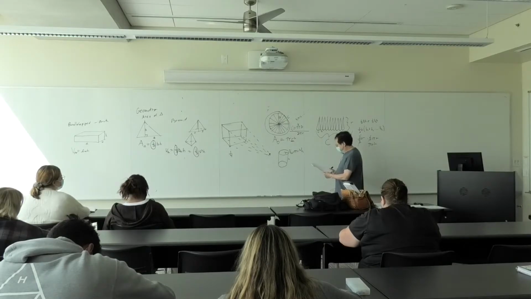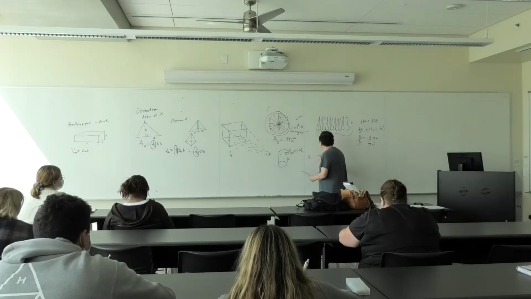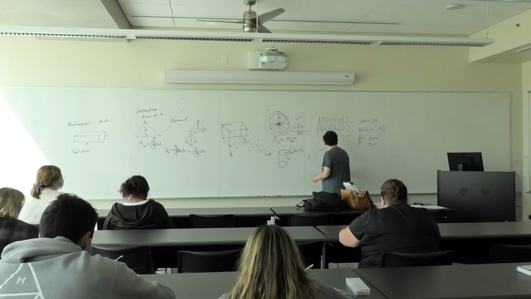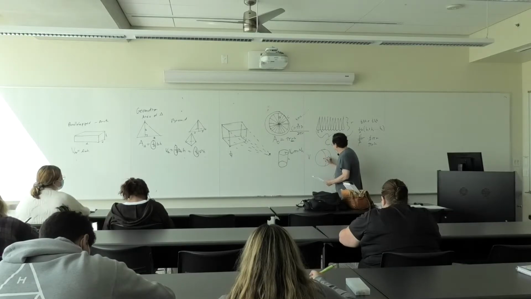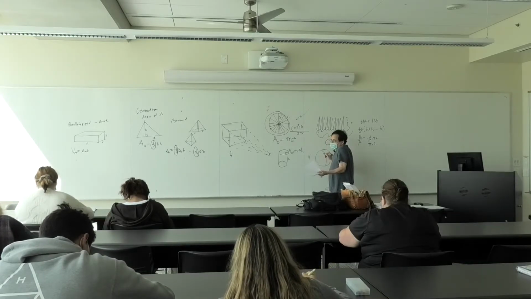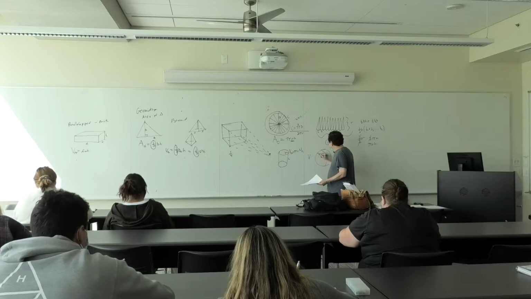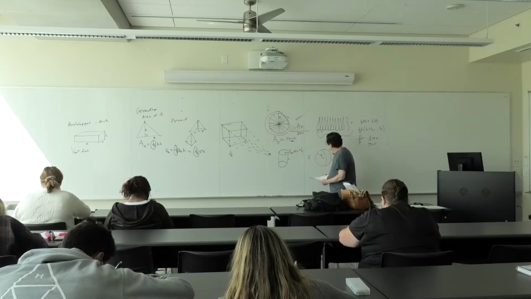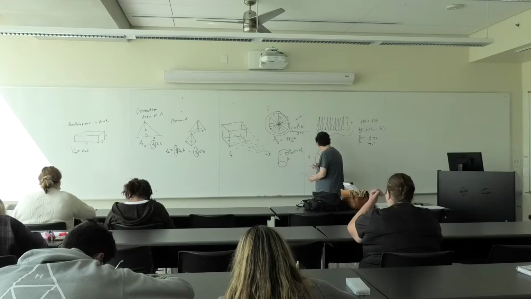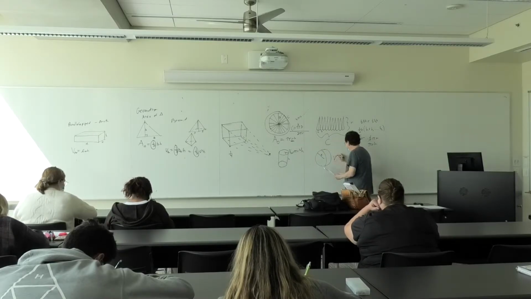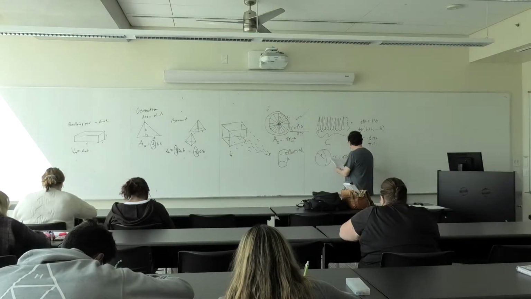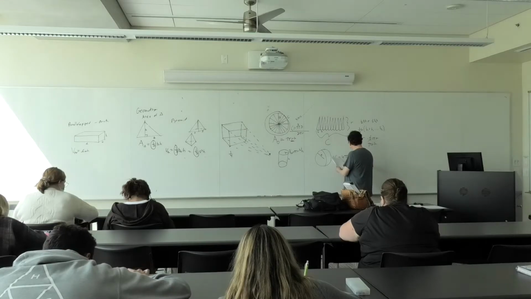Okay, and then finally we have the volume of a sphere. A ball, tennis ball, a bowling ball. It's going to have a radius. And our volume of the sphere is 4 pi r cubed over 3.